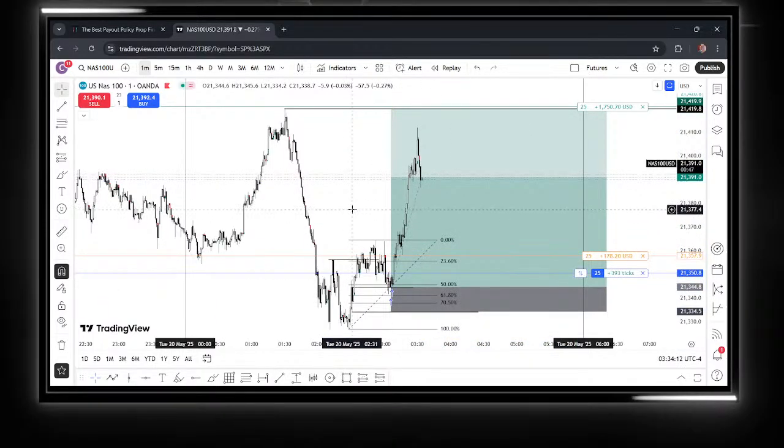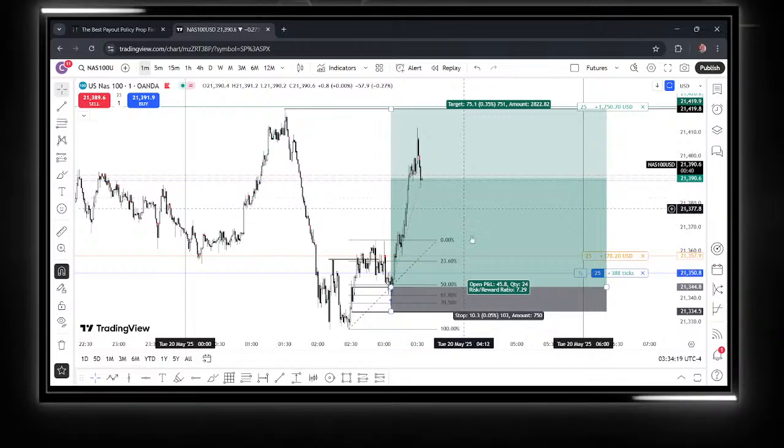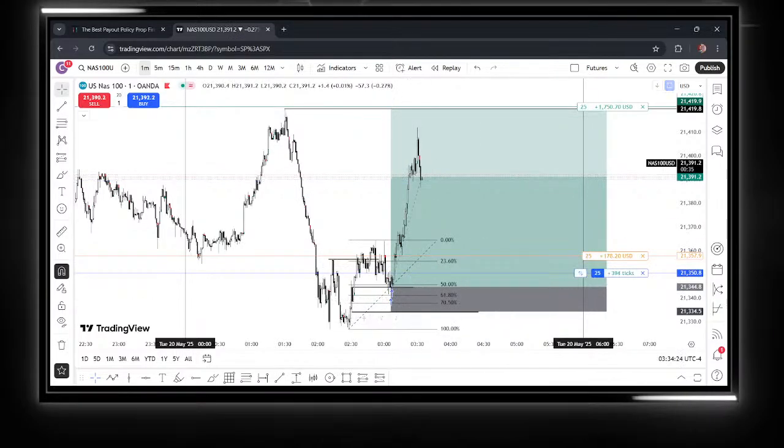So, it being a 7.3R setup, what we need to do is take 80% of 7.3. Let me pull up my calculator here. 7.3 minus 20% is 5.8.